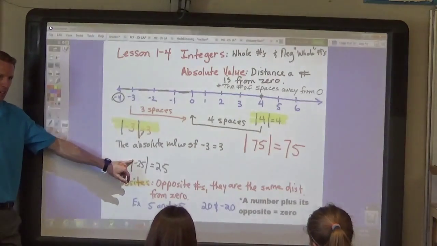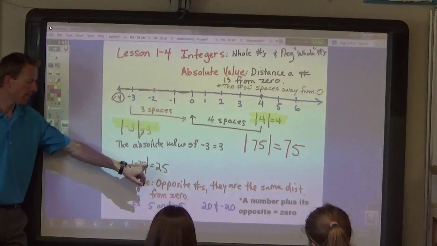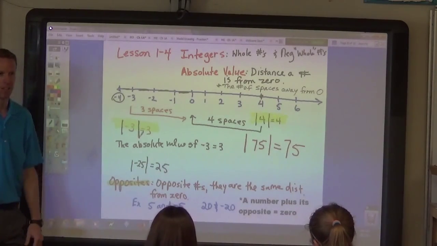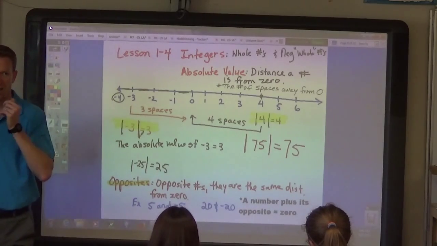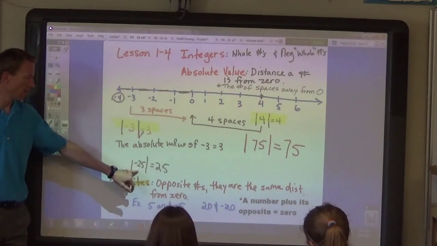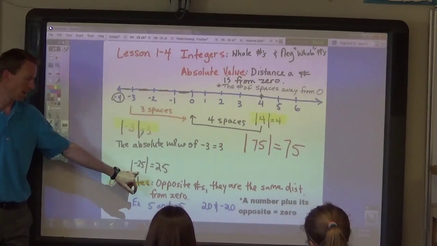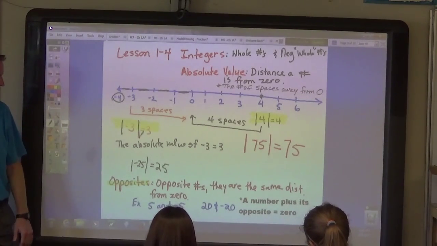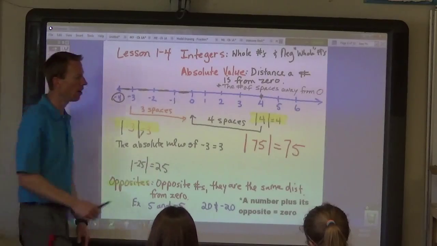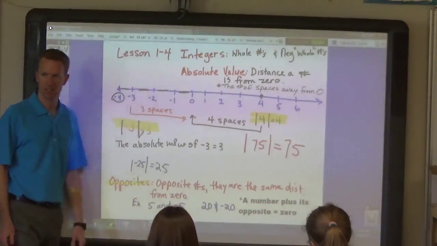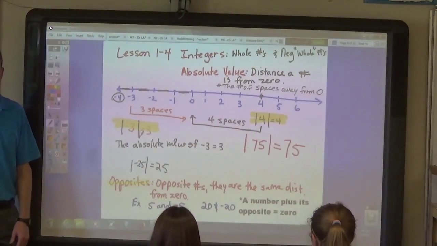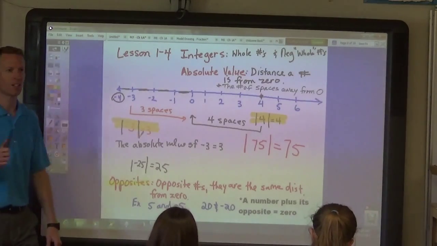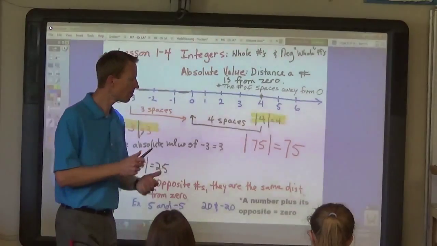The absolute value of negative 25 is 25. Repeat. The absolute value of negative 25 is 25 spaces. What's the absolute value of 75? 75.